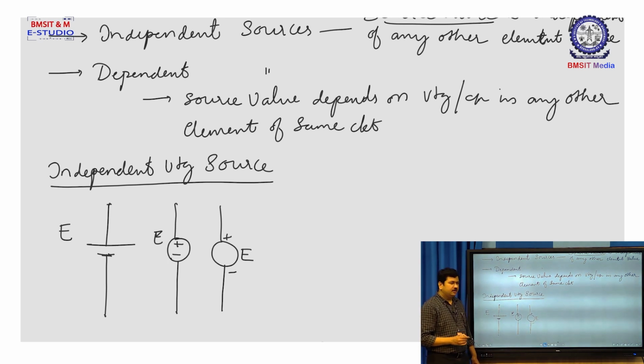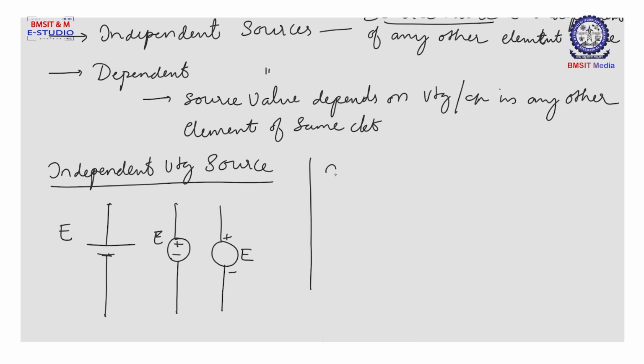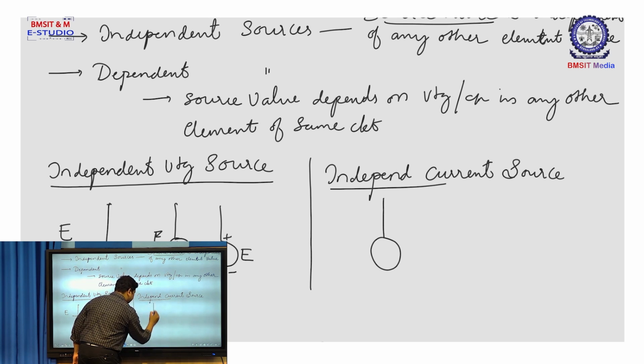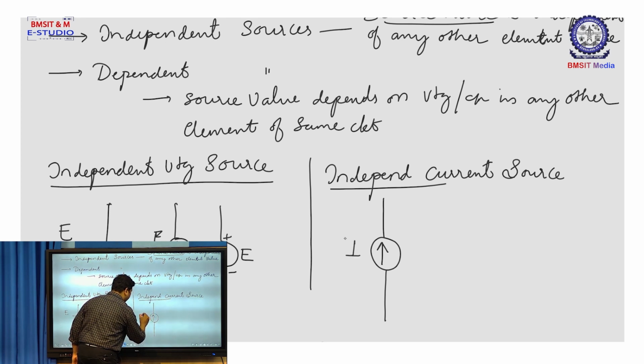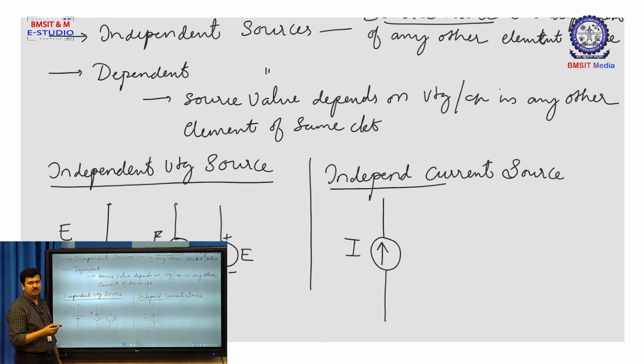Then likewise I can represent an independent current source. It is represented in a circle with an arrow mark of the current value, say I. If the circle consists of polarities positive and negative, that is a voltage source.